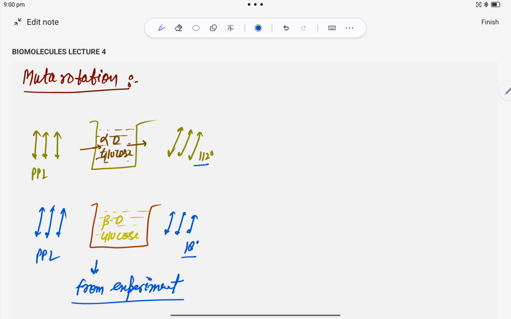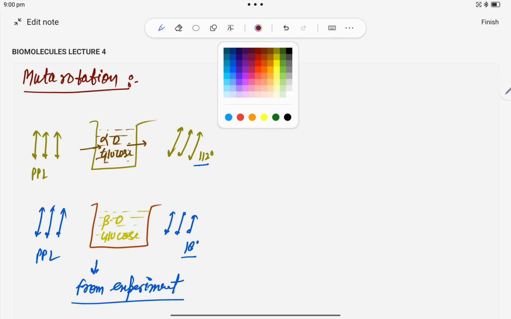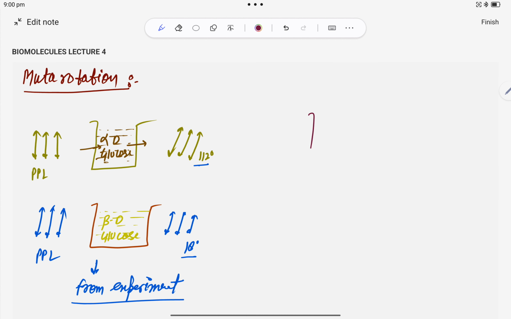But in one lecture, I told you alpha and beta forms are interconvertible. So if in the container we have alpha-D-glucose, it is interconvertible, so it will be converted into beta-D also.